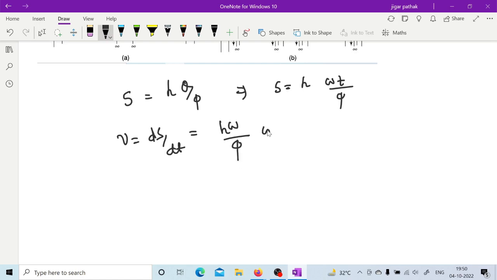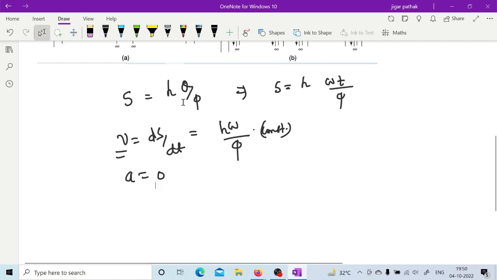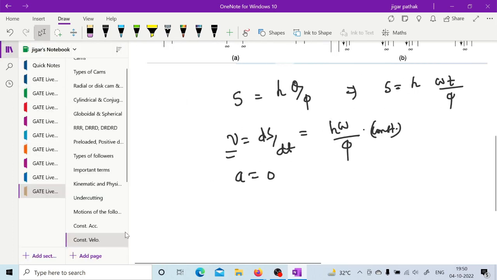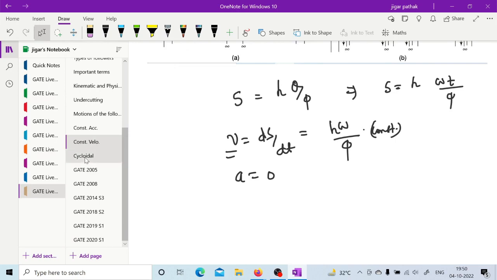So it is coming out constant, not varying with theta as we found in the other two types of motion, SHM and constant acceleration. That is why it is constant velocity of your follower. And as velocity is constant, acceleration will be 0, because acceleration is dv by dt. So these are the equations for displacement, velocity and acceleration during constant velocity of the follower. And the last one is cycloidal motion.